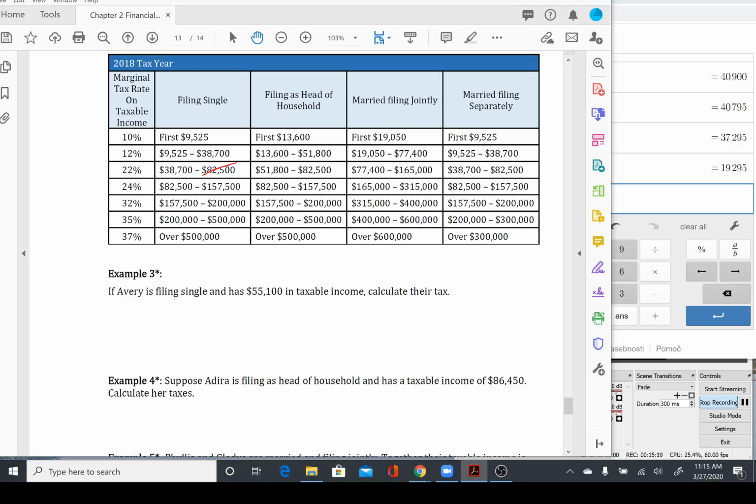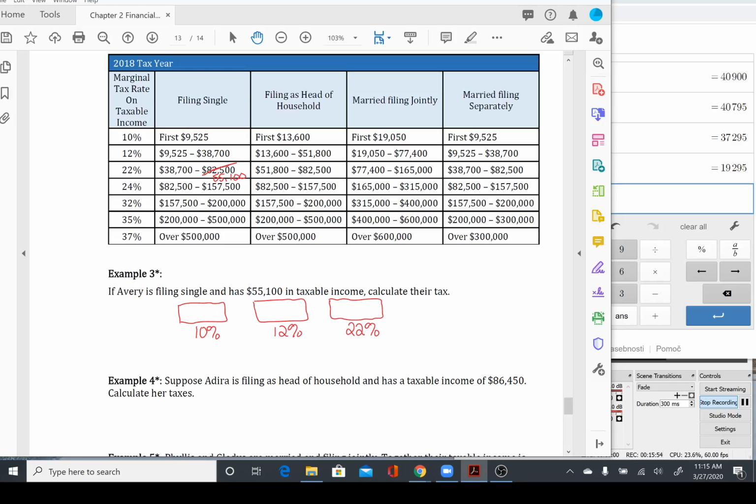I would replace that with $55,100. Avery is going to have money fall into 3 tax brackets: the 10% tax bracket, the 12%, and the 22%.